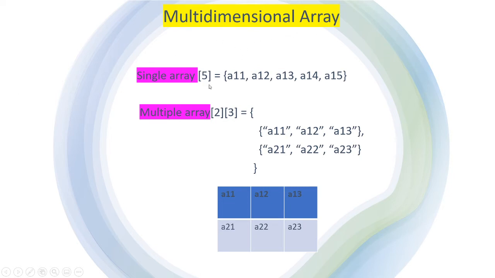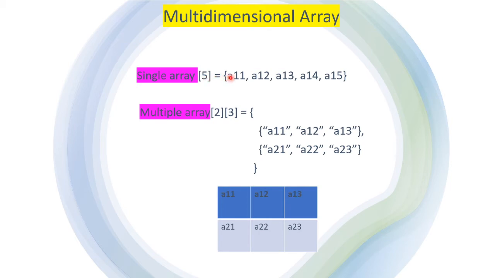So first, before we talk about multidimensional array, it's important to talk about array itself. So first we have a single line array, and what that means is that when declaring an array in programming, you should have a particular length for the array. So in my own case here, I have 5 elements in my array.